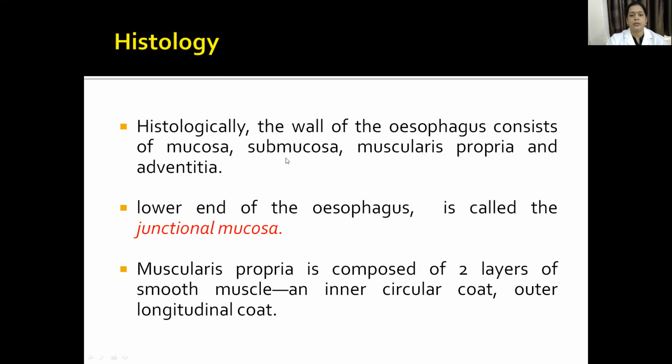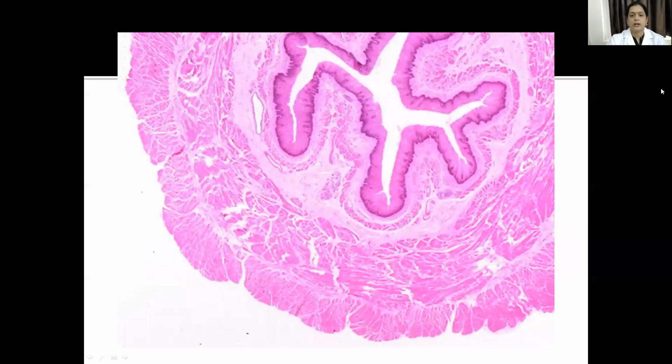Now coming to the mucosa, it is lined by stratified squamous epithelium, and the submucosa will have the mucous glands. And then here you can see the junctional mucosa. The esophagus extends into the fundus of the stomach, wherein you will have the squamocolumnar junction, that is the junctional mucosa. The muscularis propria is made of an inner circular coat and also a longitudinal coat.